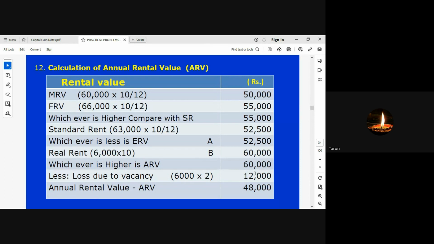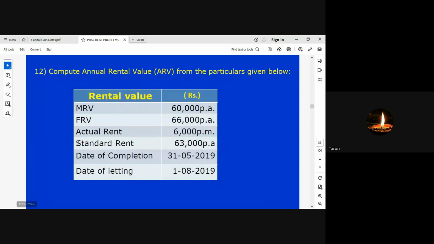So this is how to calculate the annual rental value when the date of completion and the date of letting out have been mentioned in the question. Just have a look. This is the date of completion.